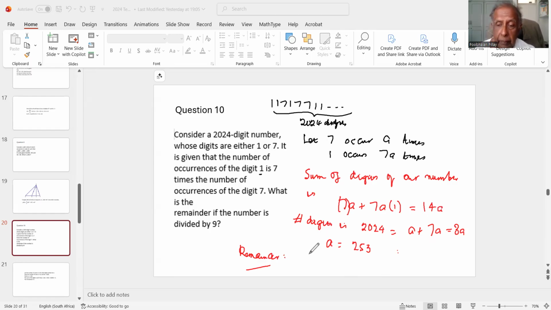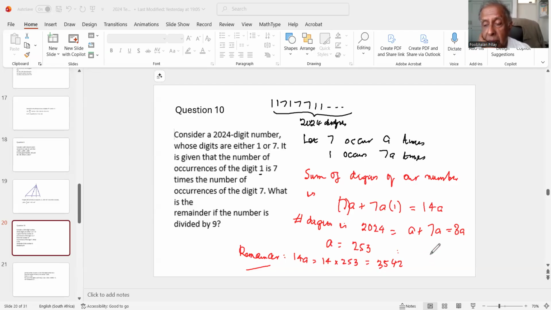You got 14a, that is 14 times 253. Now you can work out 14 times, this is 506 times 7, so you get 3542. Okay, so that is the sum of the digits.